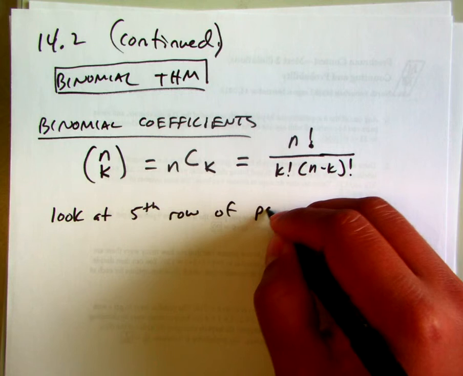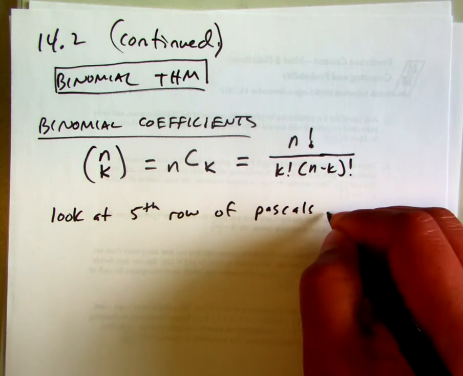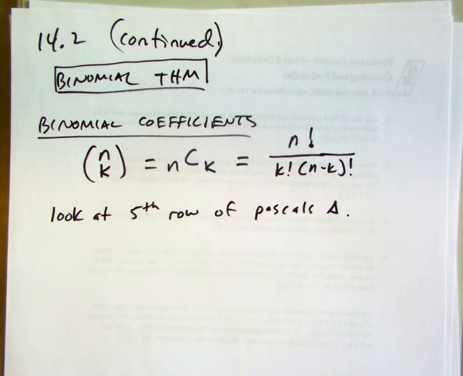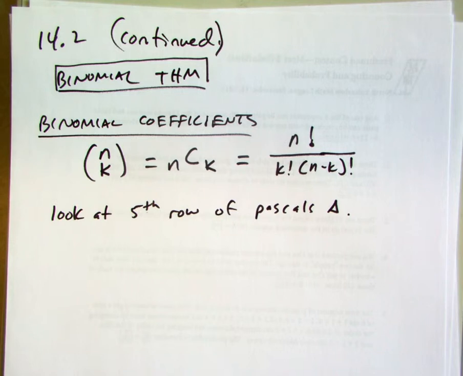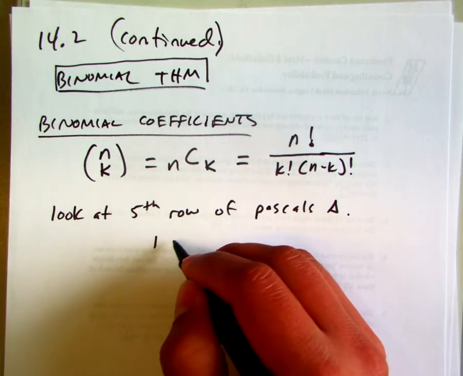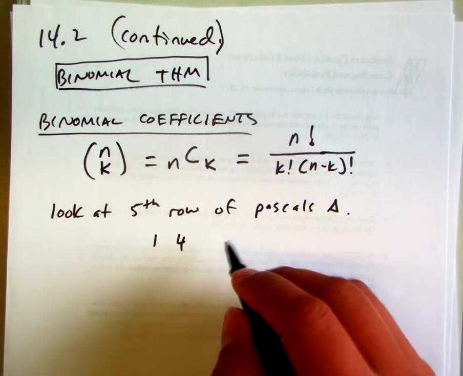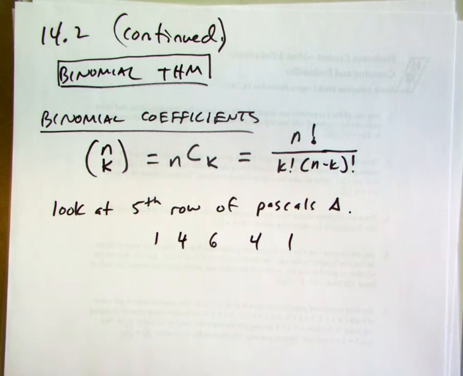Do you guys have that handy? What were the coefficients in the fifth row? 1, 4, 6, 4, 1.